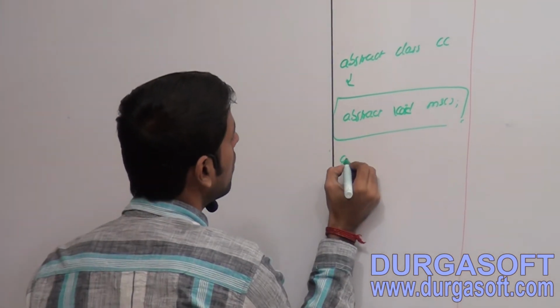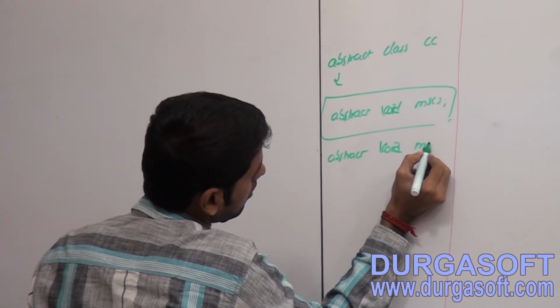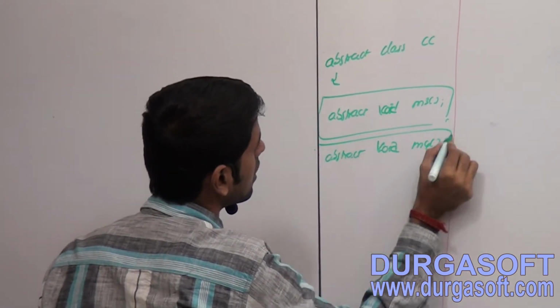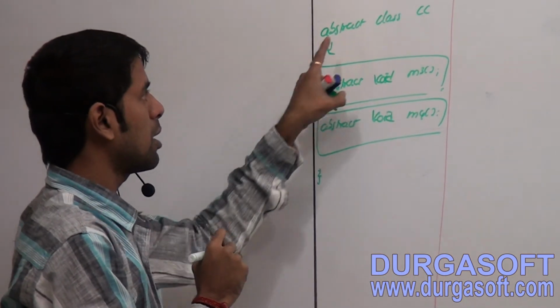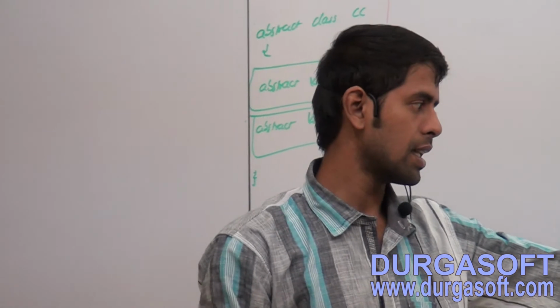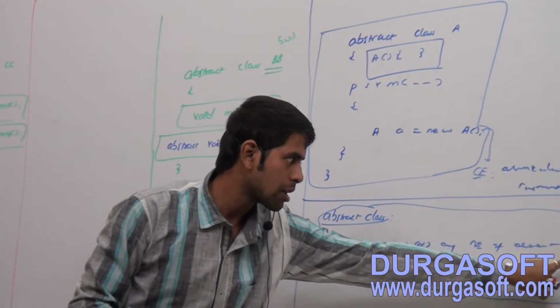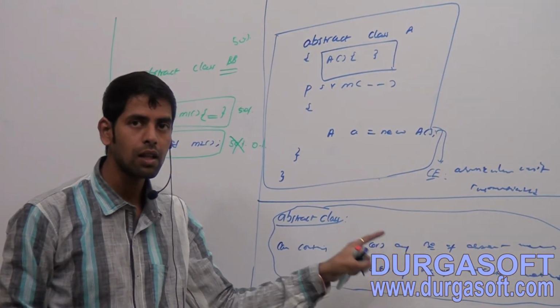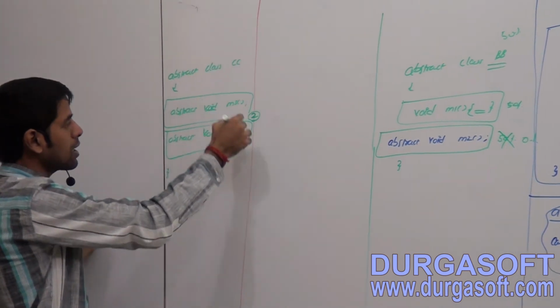Now abstract void M4 method. This is also an abstract method, no issues. An abstract class can contain 0 or any number of abstract methods. Any number here is how much? Two. It contains two abstract methods.